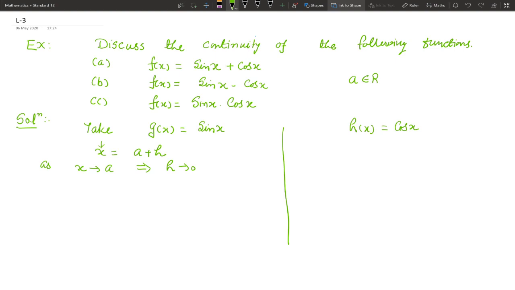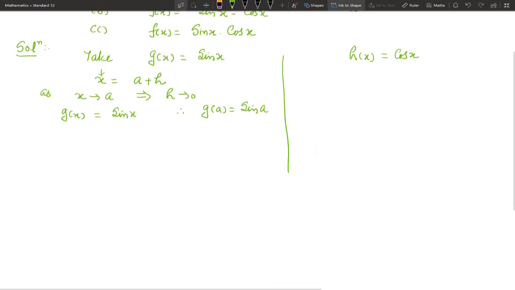g of x equal to sin x, therefore g of a equal to sin a. Take x equal to a. Now limit x tends to a, g of x equal to limit x tends to a, sin x.